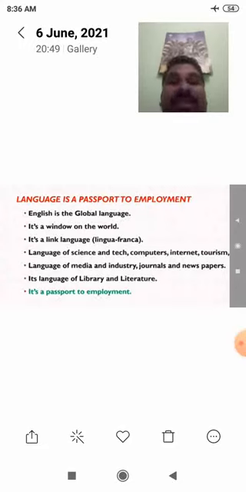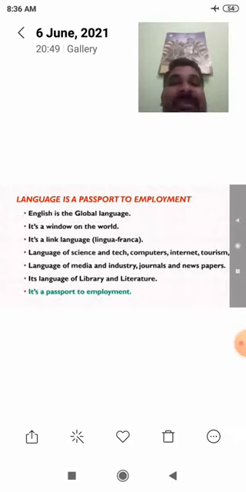Then it is the language of media and industry, journals and newspapers. Wherever you go, language is important for us, especially here we are speaking about the English language. It is the language of library and literature.